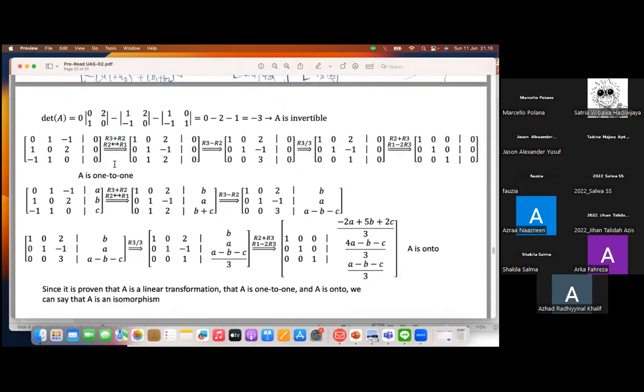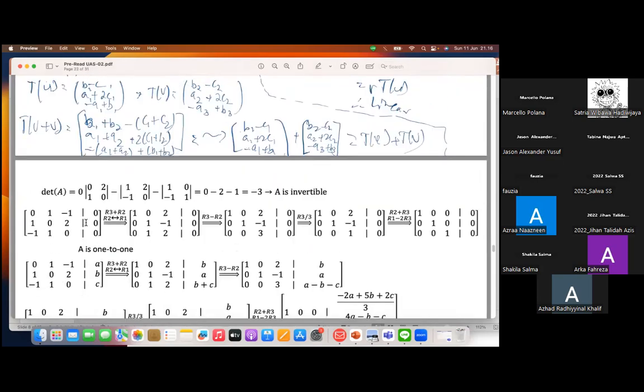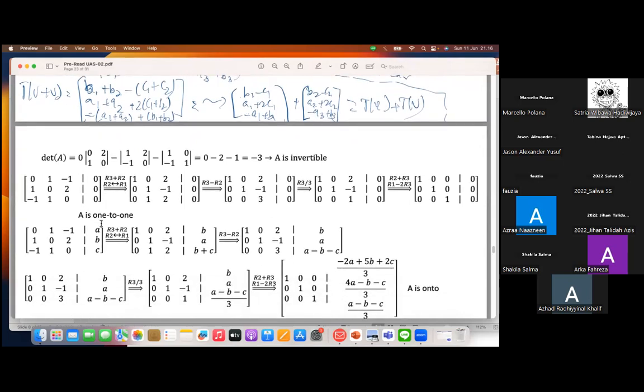Next, we prove that A is one-to-one by solving for AX equals 0. And from the row operations, we can see that A has a unique solution for zero transformation, which means that it is one-to-one.